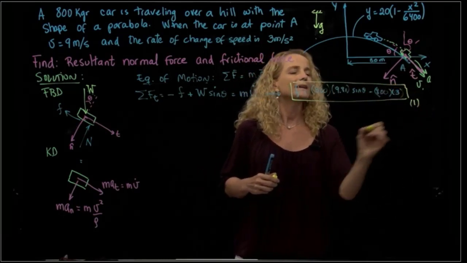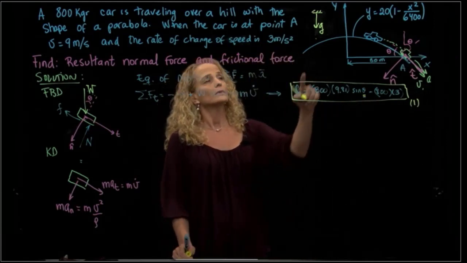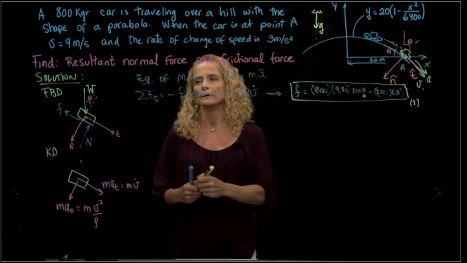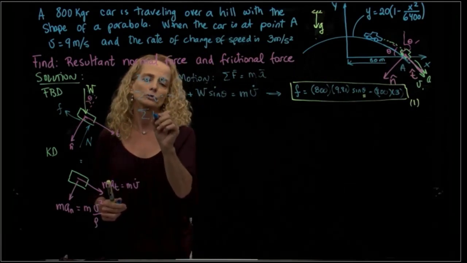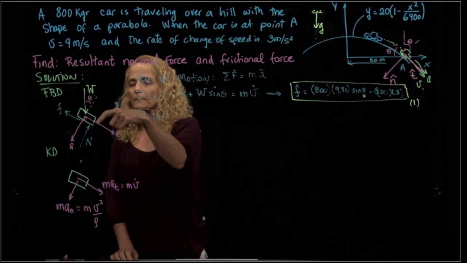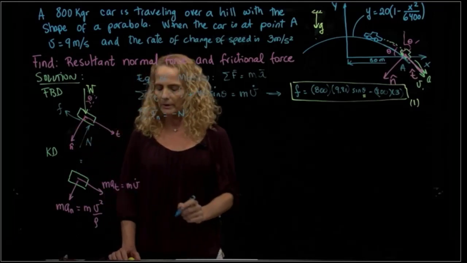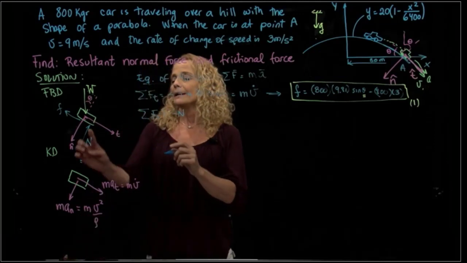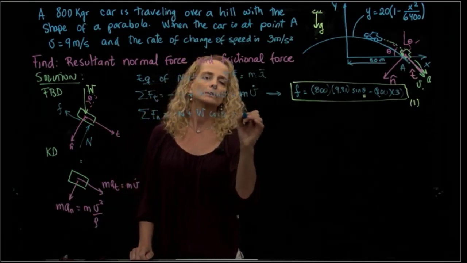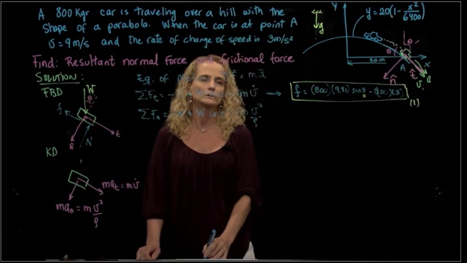And what is the unknown in this equation? Theta. We do not know theta, but we know the shape of that parabola, so we will use the shape of that parabola to find the angle theta. My second equation of motion, in the normal direction, will be negative the normal, because it goes opposite to where I put the positive in my coordinate system, plus weight cosine of theta, and that equals my mass times velocity squared, which is given, over the radius of curvature.